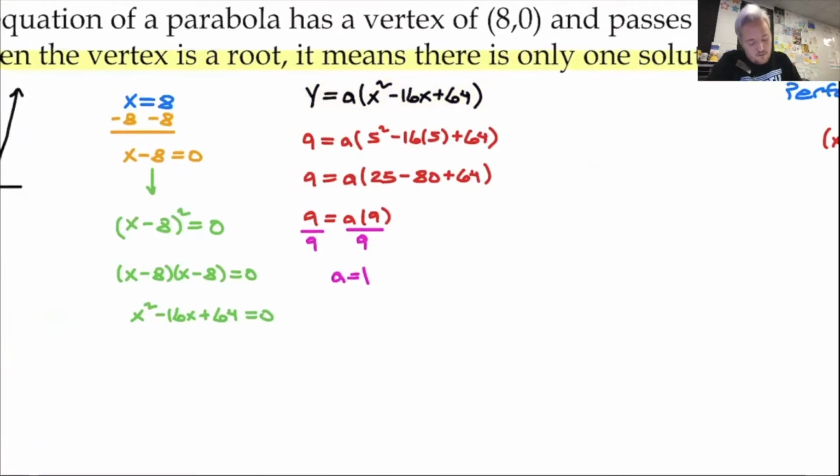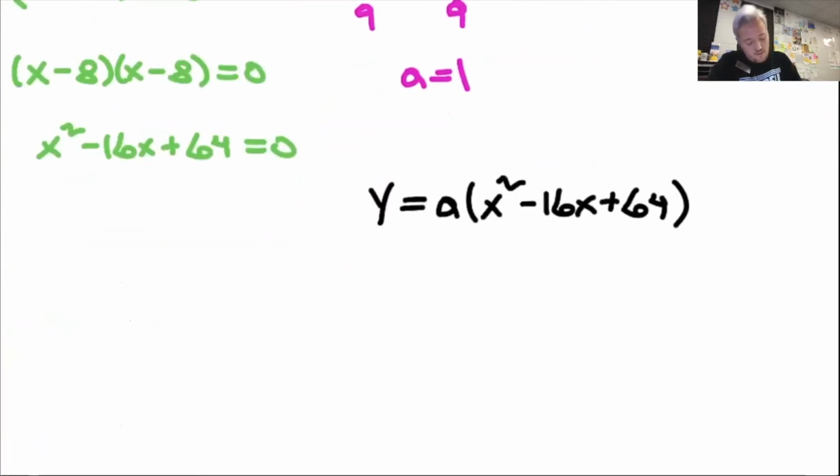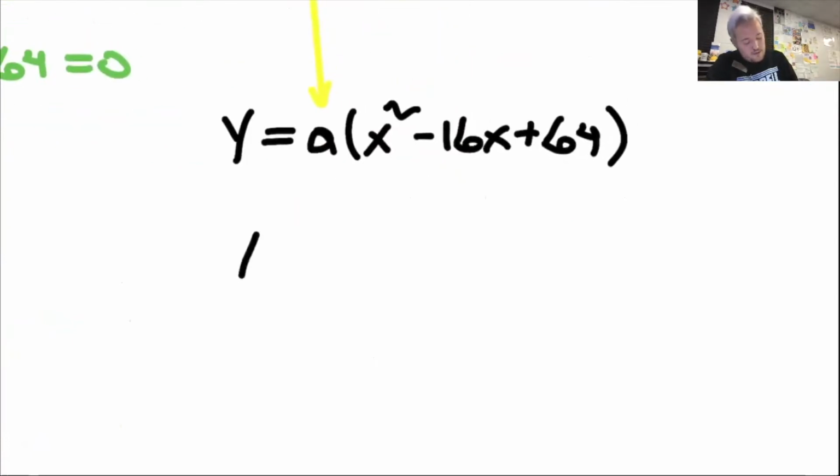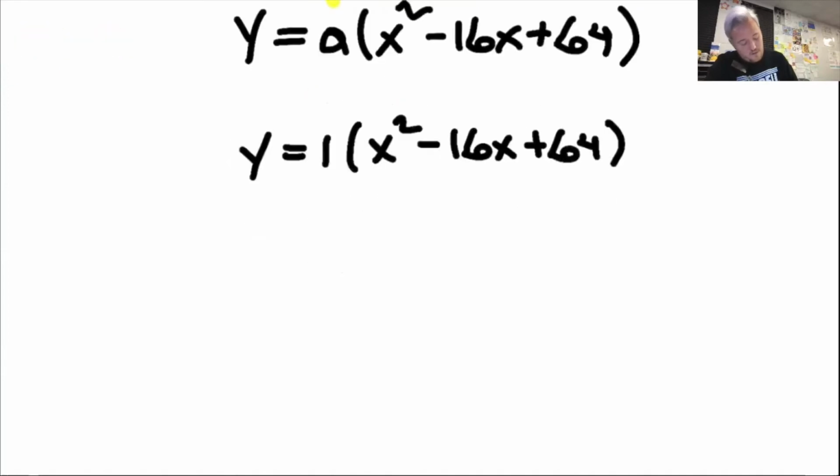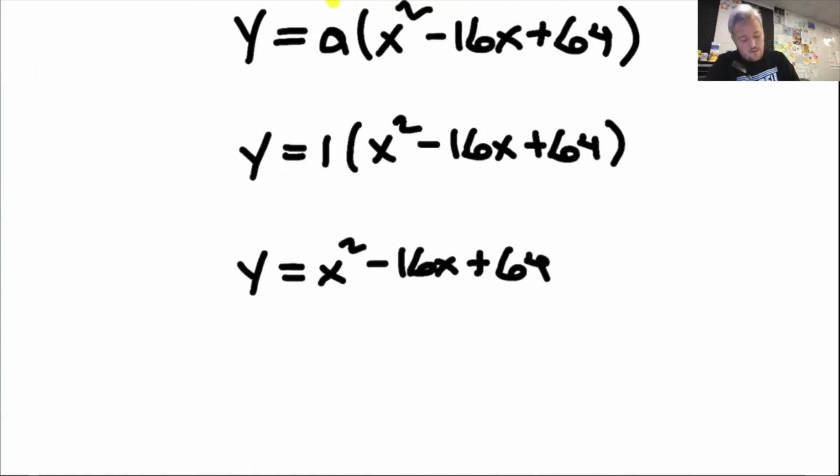I'm going to copy and paste that equation down here and sub in the 1. Because it's just 1, it's not going to change your equation. So your final answer is just x squared minus 16x plus 64.